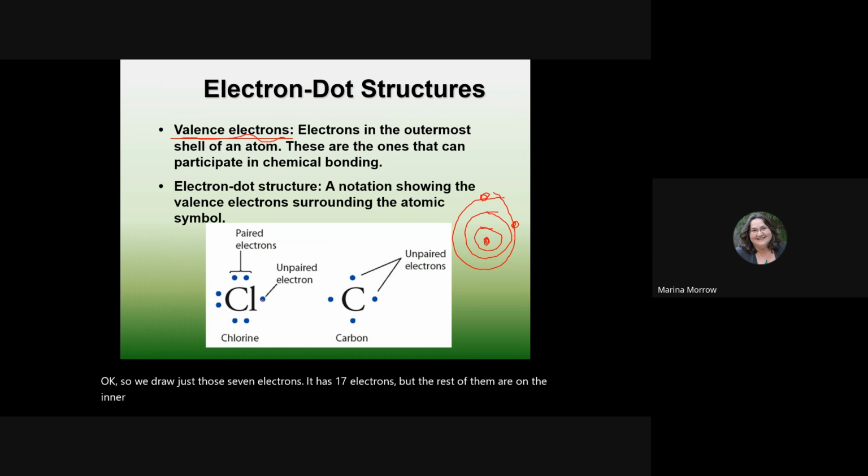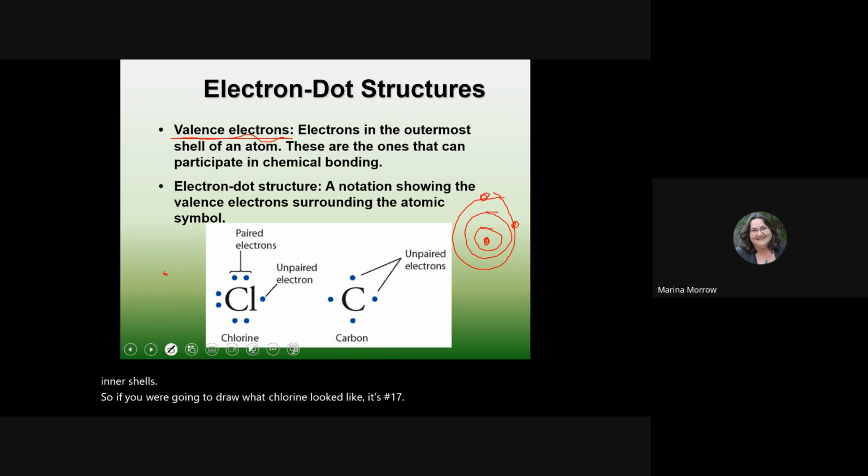Okay, so if you were going to draw what chlorine looked like, it's number 17, so it would have 17 electrons in this nucleus. And then the first shell, remember, always holds 2. The second shell could hold 8.